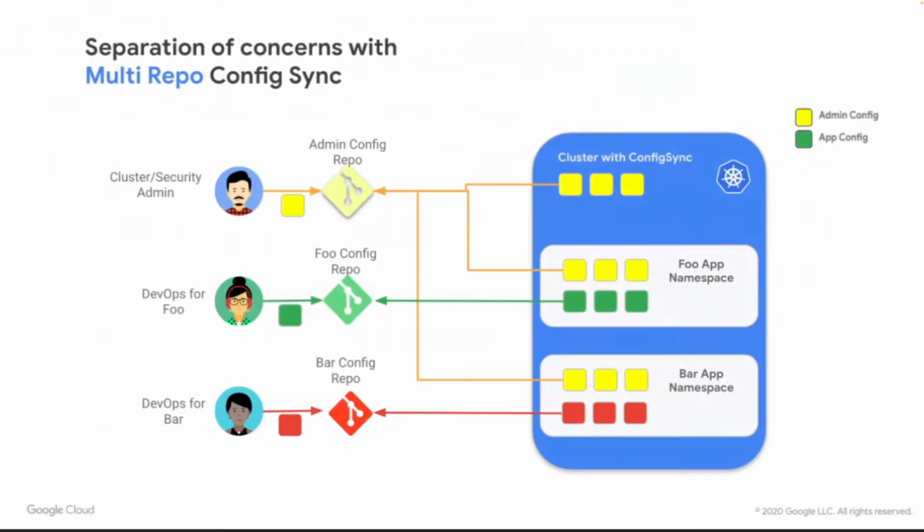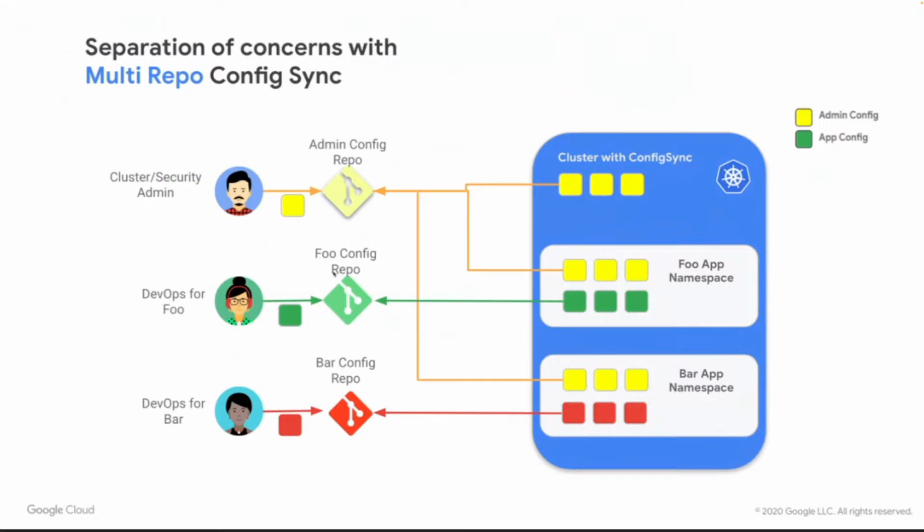Config Sync supports multi-repo Config Sync, where the separation of concerns is very critical to drive agility as well as productivity. Cluster-level resources, or resources that are common across all the namespaces, are the concern of the cluster administrator or operations team, so those are managed in a different Git repository. Per application namespace, we have a GitOps repo.